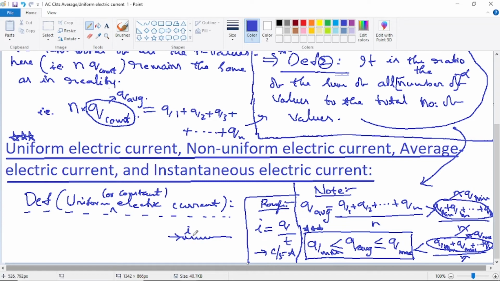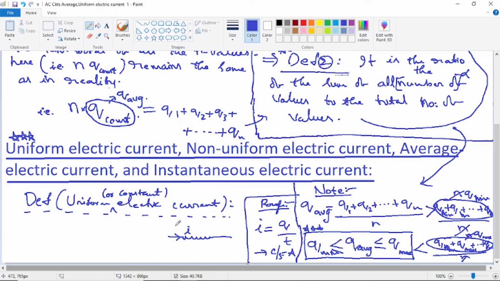We consider any particular cross section of the conductor, say the first cross section; any cross section can be imagined. Initially at 9 o'clock the current is, say, 10 amperes, and at 9:01, 9:02, 9:03, 9:04, 9:05, 9:10, 9:15, 9:16, at all times the current remains the same. That is simply called uniform electric current. This is the rough meaning.